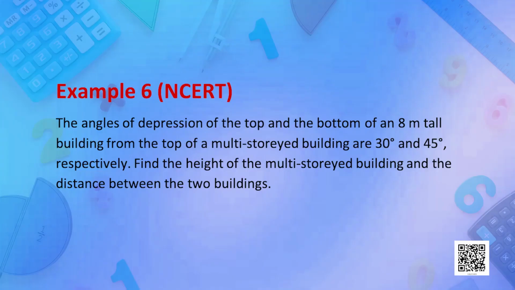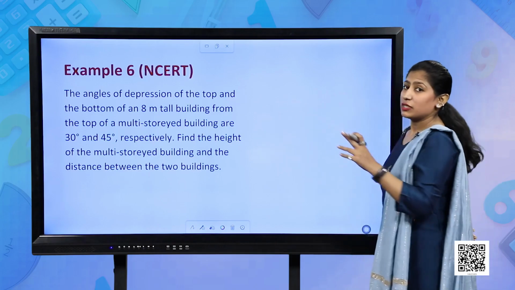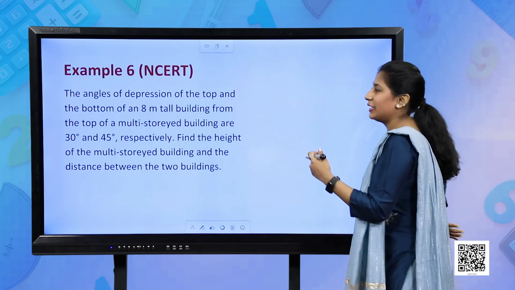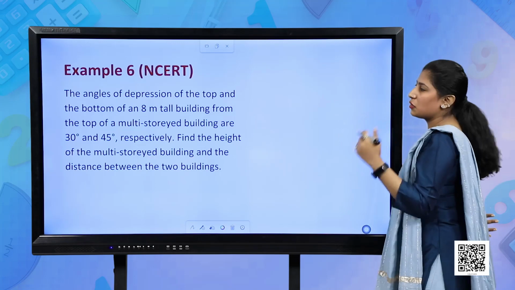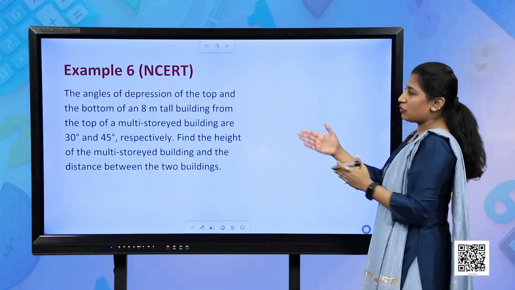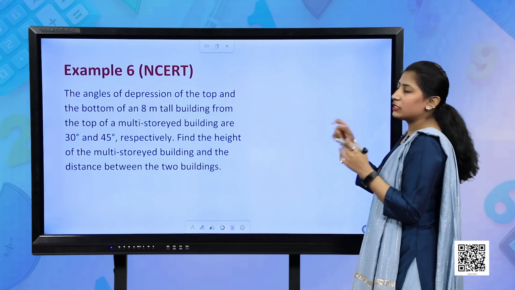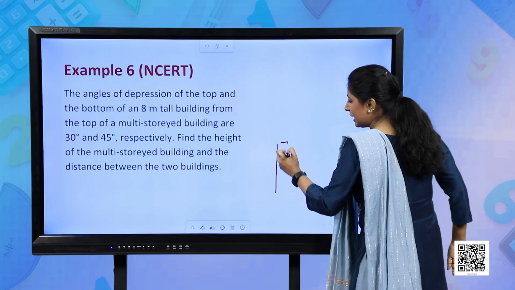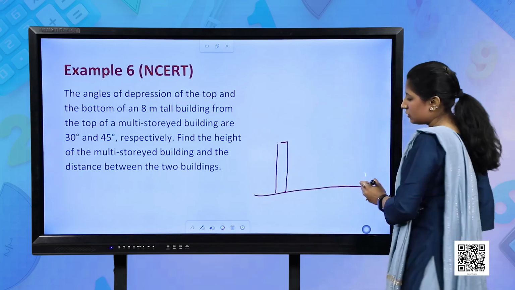Okay? So let us look at the next example, that is example 6 from your NCERT book. Angles of depression. Now it doesn't talk about angle of elevation, it talks about angle of depression. That means we have to go below the horizontal level. Let us read the question. Angles of depression of the top and bottom of an 8-meter tall building. So first of all, I am making this 8-meter tall building on the ground.